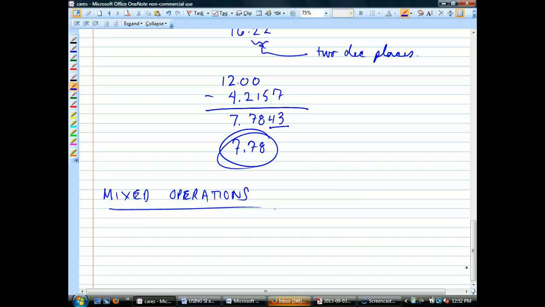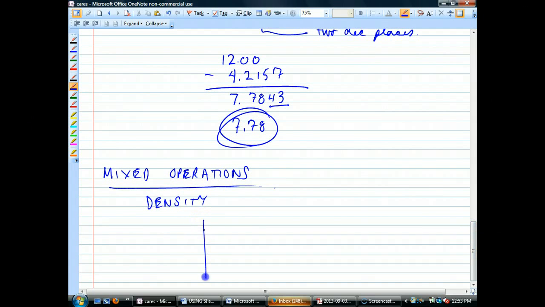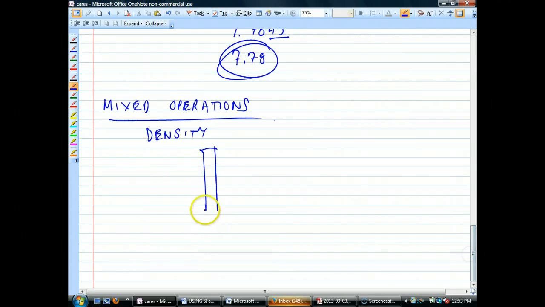A good example of this would be density. Because typically you might do 2 steps, like you might have one step where you use a graduated cylinder to measure the volume by difference, and then you weigh it on a balance. So I have a graduated cylinder, and then I'm going to measure the volume. So let's say that my initial volume in the cylinder is 50.1 milliliters, and then I drop some object in there, and the volume goes up.